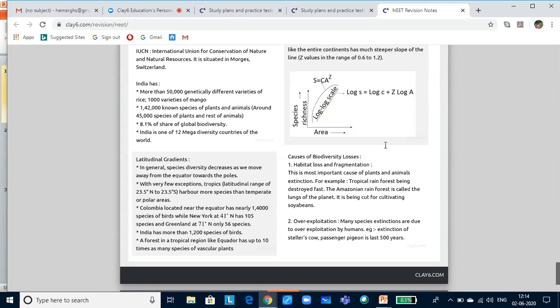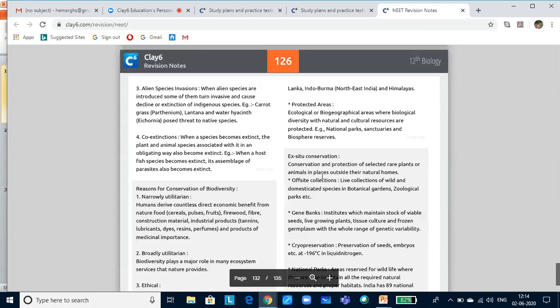For example, Steller's sea cow and passenger pigeon have become extinct due to over exploitation by humans. Third, alien species invasion. That means when we introduce a new species into a different or newer habitat, it becomes invasive, resulting in the extinction of the ones that are already present.